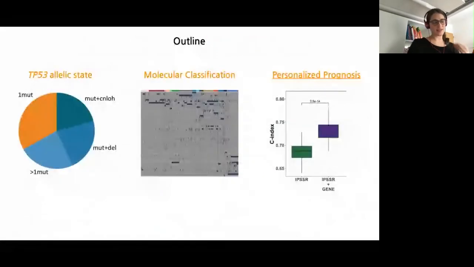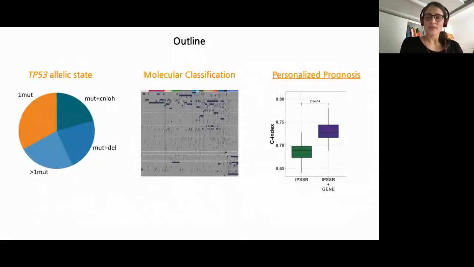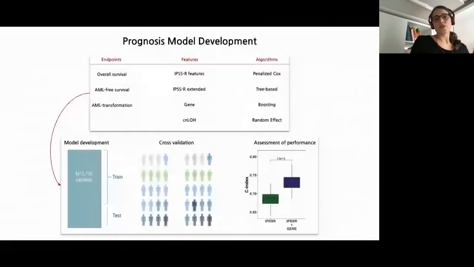So this illustration of how genetic context is important for prognosis brings me to the last part of the talk, which is our work towards building personalized prognosis models for MDS patients that incorporate molecular markers as well as established criteria. To develop those prognosis models, briefly in terms of methodology, which is state of the art, we're doing it across different endpoints that include overall survival, AML-free survival, as well as AML transformation.